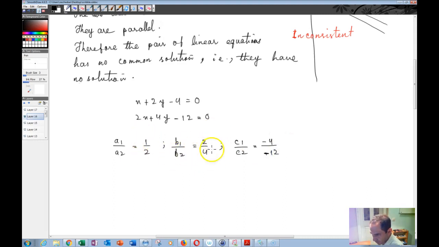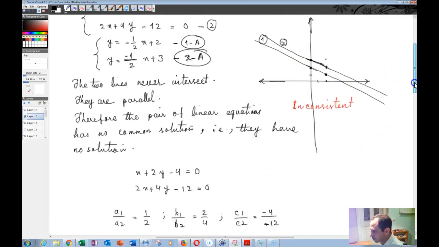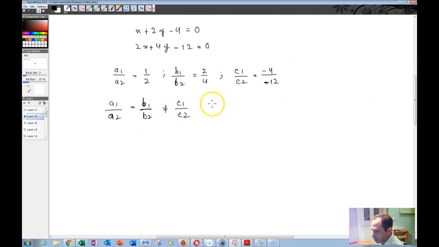So this is 1/2, this is 1/2, but this is 1/3. So you see that a1 to a2 is equal to b1 to b2, but it's not equal to c1 to c2. And you see that the two lines are parallel. You get a pair of parallel lines.